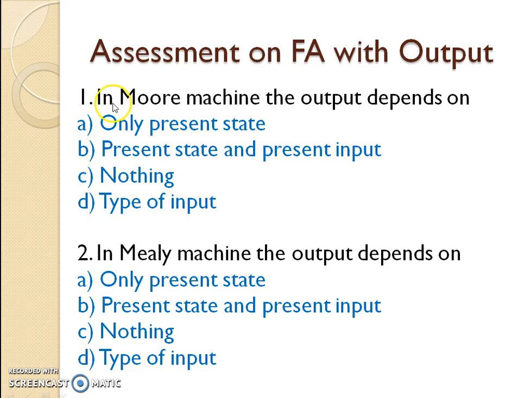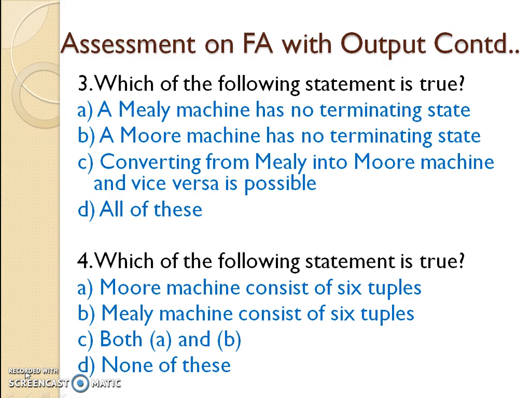First question is, in a Moore machine the output depends on only present state, only present input, nothing, or type of input. Second, in a Mealy machine the output depends on only present state, only present input, nothing, or type of input. Third question is, which of the following statements is true? A Mealy machine has no terminating state, a Moore machine has no terminating state, converting from Mealy into Moore and vice versa is possible, and all of these.